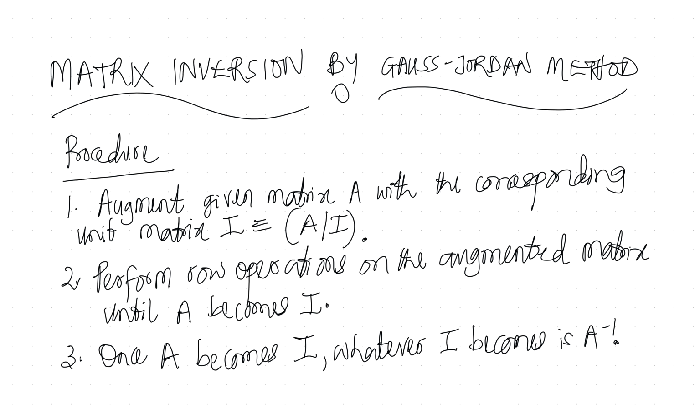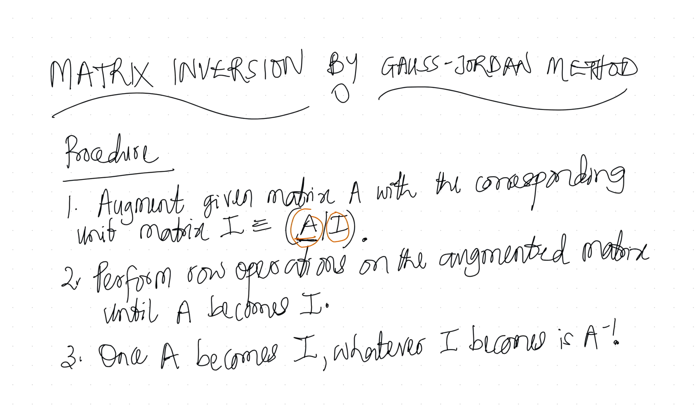And then the next thing you want to do is perform row operations on the augmented matrix until the first A here becomes the unit matrix. Then whatever I becomes in the process of transformation is automatically going to be your A inverse, right?